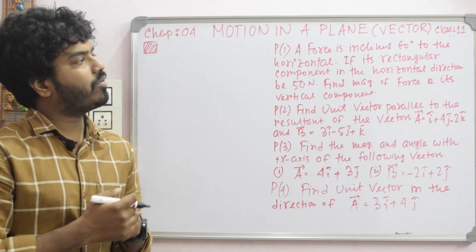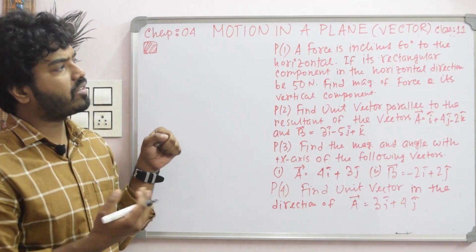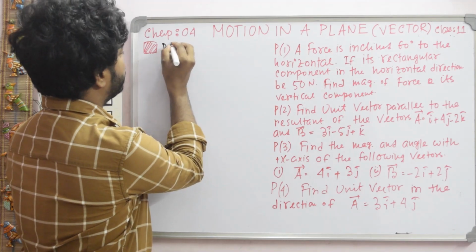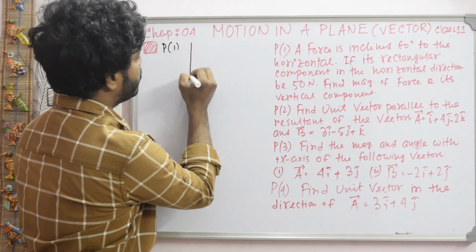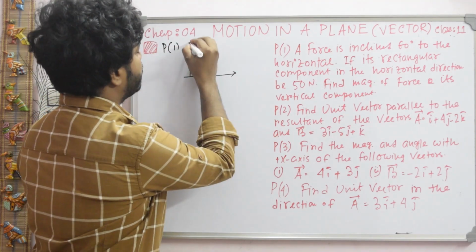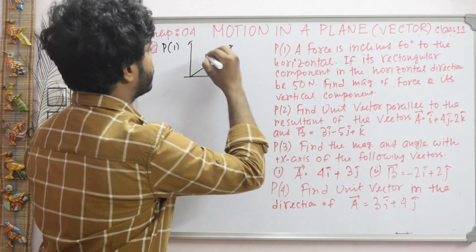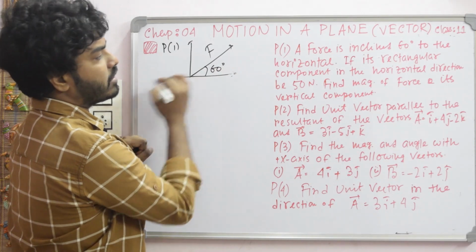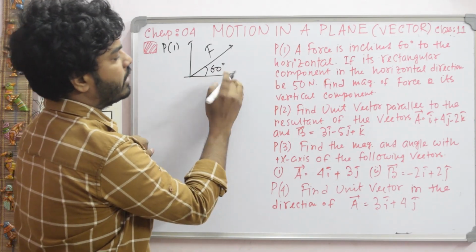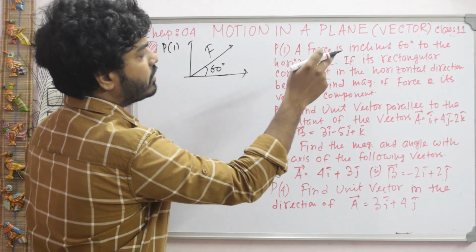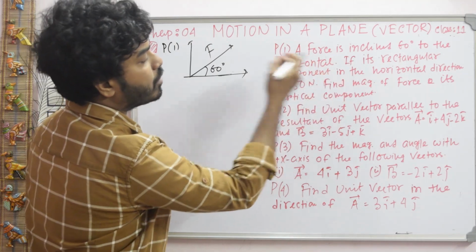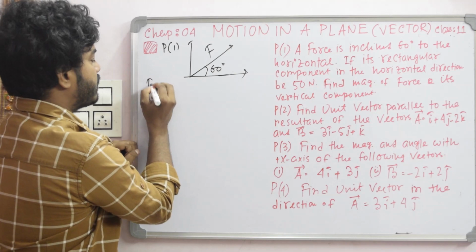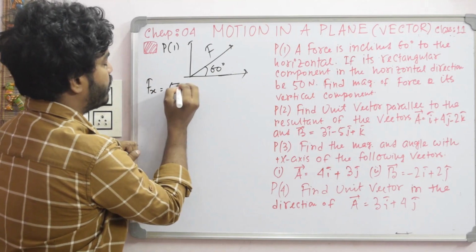First problem given: a force is inclined 60 degree to the horizontal. Draw the diagram first. This is problem 1. Suppose this is force F, which is inclined 60 degree with the horizontal line. And the rectangular component in the horizontal direction is given as 50 Newton, that means Fx is 50 Newton.